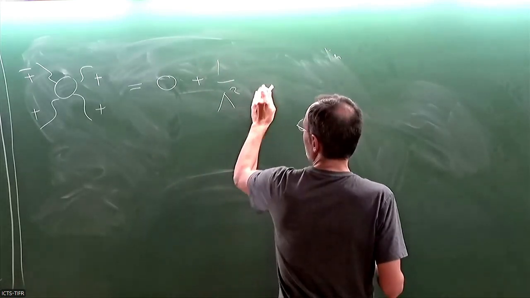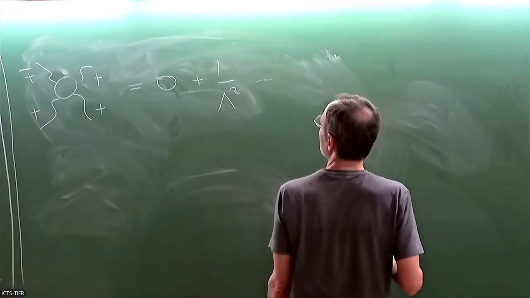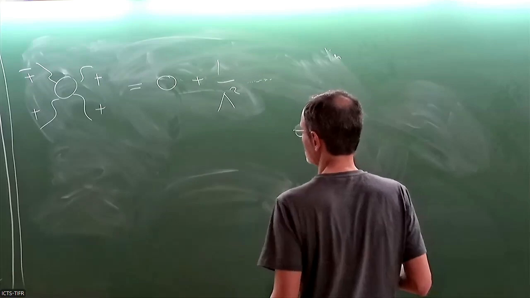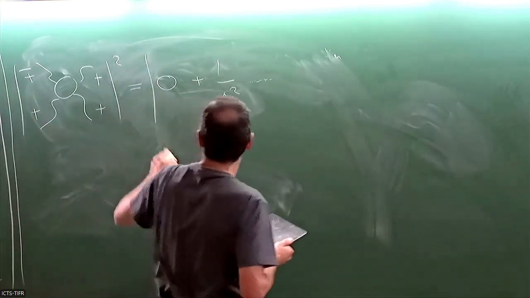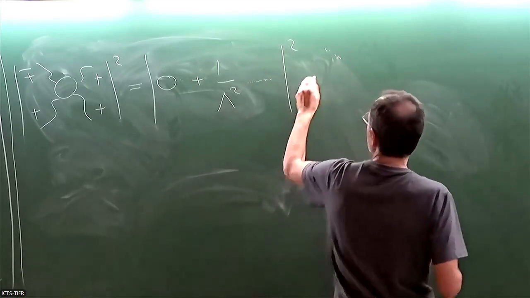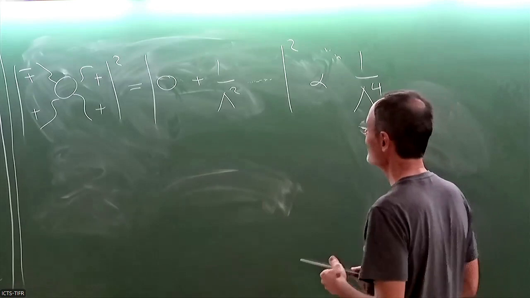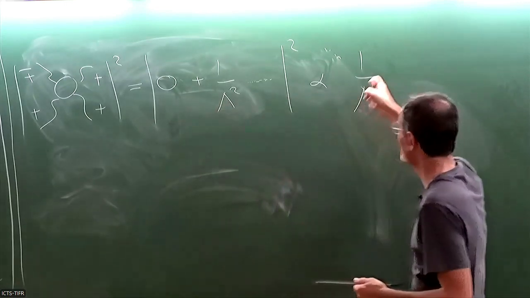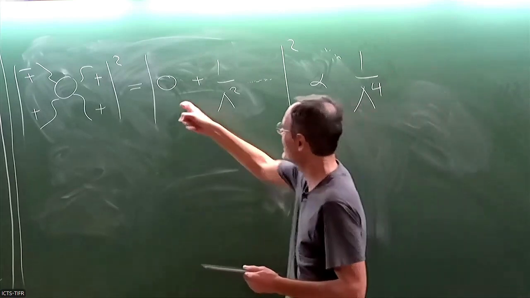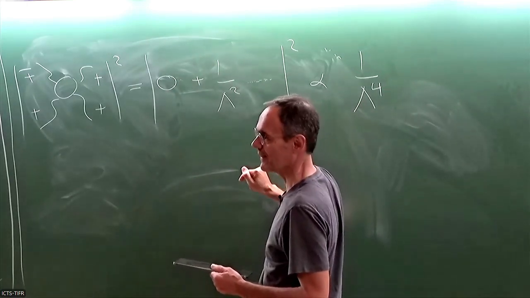I don't calculate it for you, but I can calculate it. It will come with some kinematics here that I don't know. When I square the amplitude to get the physics, this will go with lambda 4. You see, it's important whether I have interference or not. If I don't have interference, this goes like lambda 4. If I have interference with the standard model, because it is an expansion, I have 1 over lambda square terms.